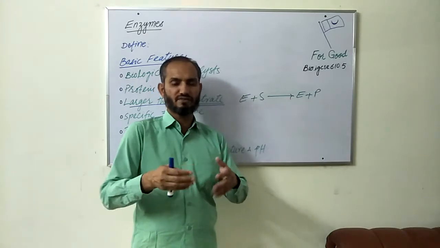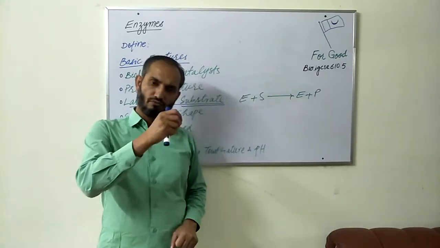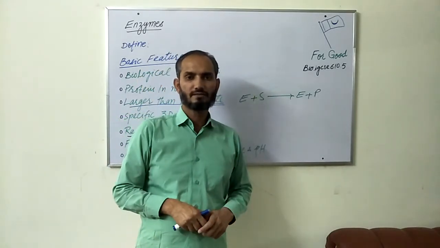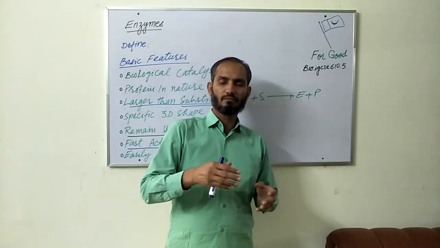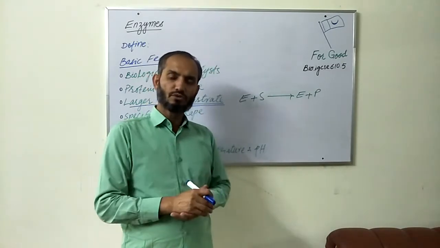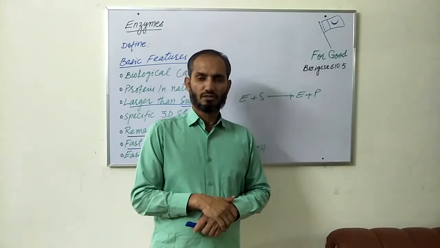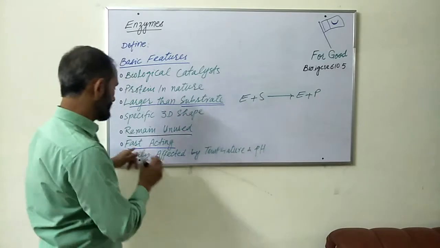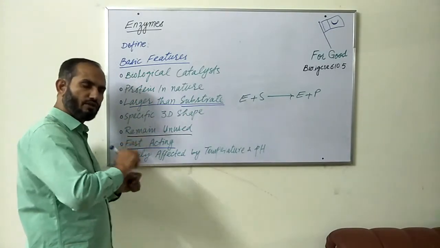When some process is facilitated, the process is done quickly. Say for example, if you are solving some sum of mathematics or some other subject and it's taking a lot of time, but if some teacher of yours will facilitate you, will guide you, then you will do the question very quickly. So the job of facilitation is to speed up the process. So the facilitators are fast acting. They are acting very quickly.